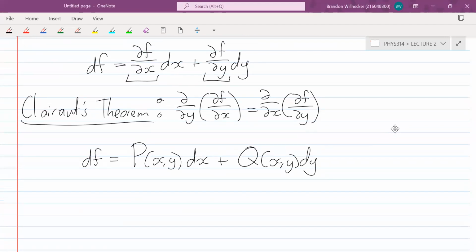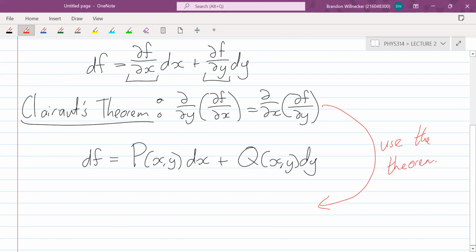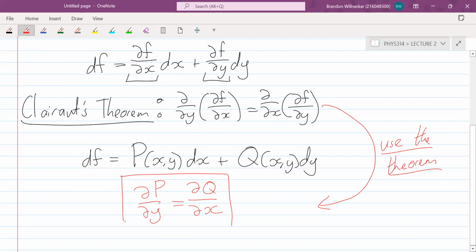Now, if we use the theorem on this differential, this gives us that dp by dy is equal to dq by dx. This is the condition that we're going to be using to decide if a differential is exact or inexact.